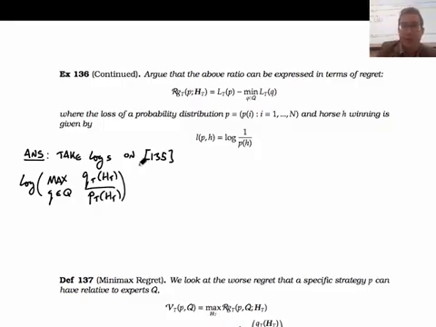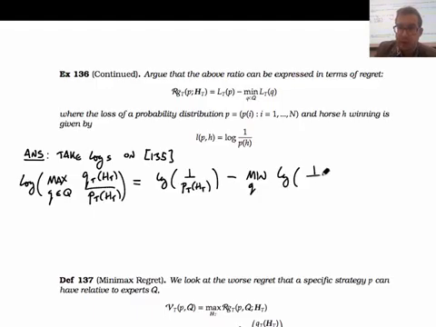Notice this is really going to be log of 1 over P of t of h of t, minus the minimum over q of log of 1 over q of t of h of t. And then I can look into each one of these terms.